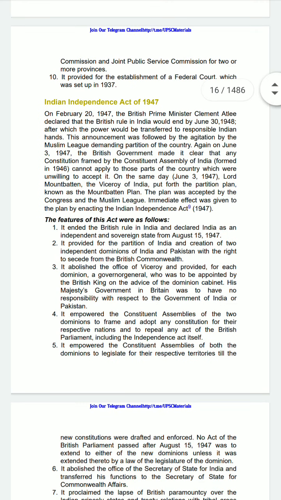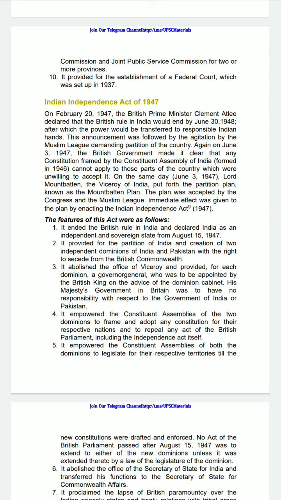India Independence Act of 1947. On February 20, 1947, the British Prime Minister Clement Attlee declared that the British rule in India would end by June 30, 1948, after which the power would be transferred to responsible Indian hands.